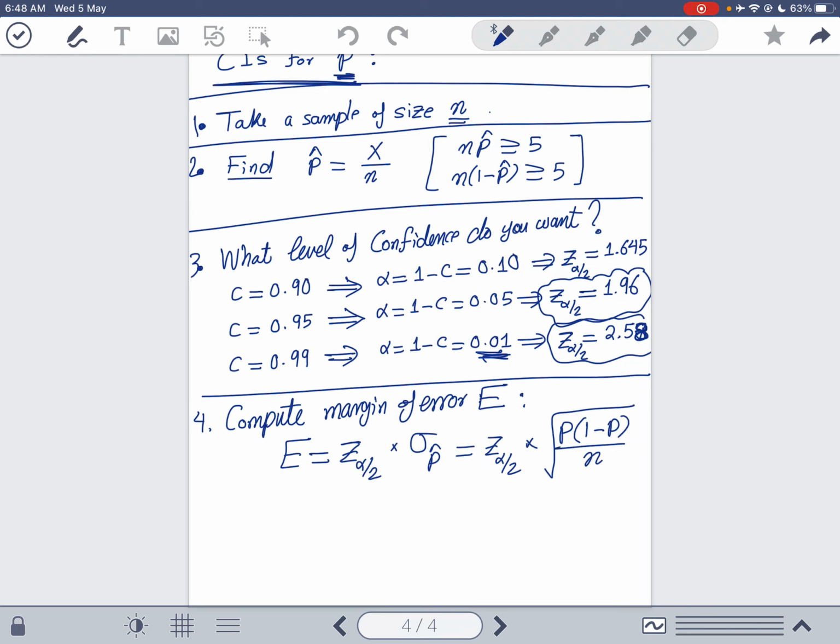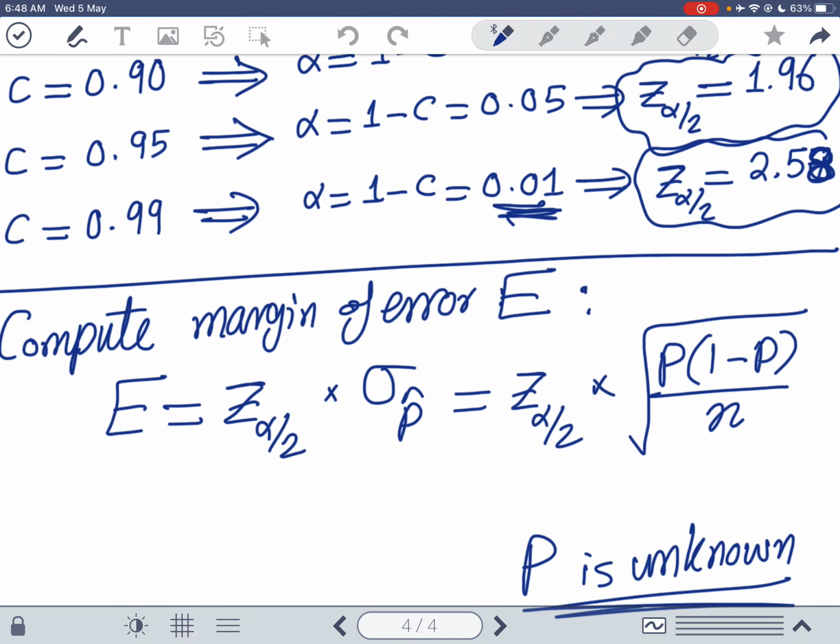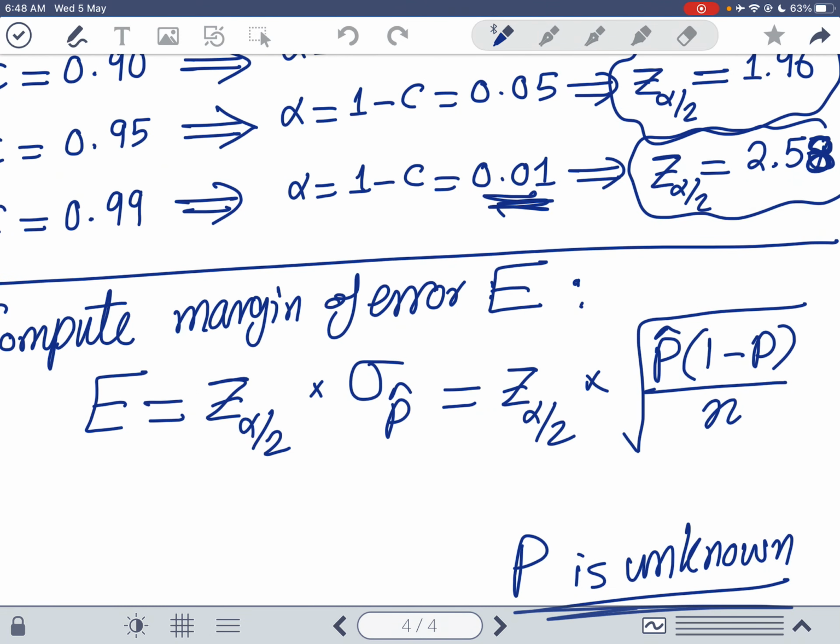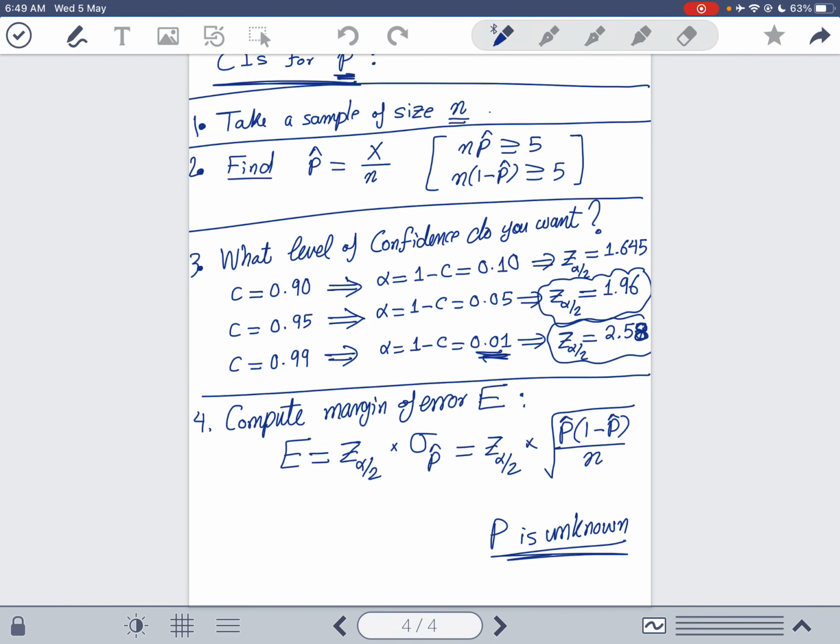But as I told you, since P is unknown, we are trying to construct a confidence interval for it, so we don't know it. That's why in the formula you will put P hat and take it as your sigma of P hat to be this, even though it's not the exact correct value, but you don't have any other choice.